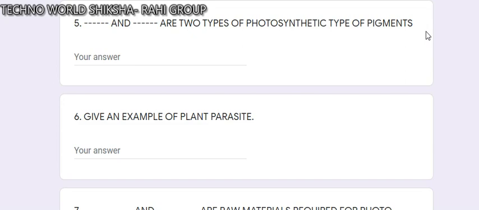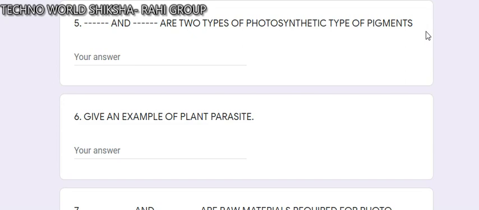Chlorophyll is a pigment which imparts green color to the plant. The green color of the plant which you see is because of a pigment which is called chlorophyll, and carotenoid is a pigment which imparts red color to the plant. So the red color of the plant, if you see the petals of a red color, this red color is due to the carotenoid.